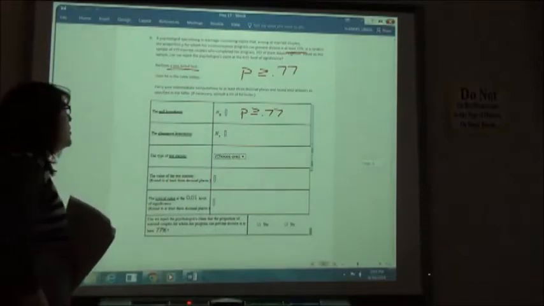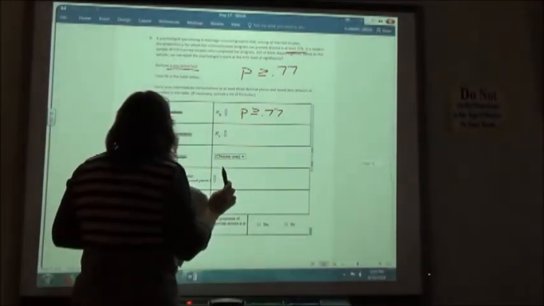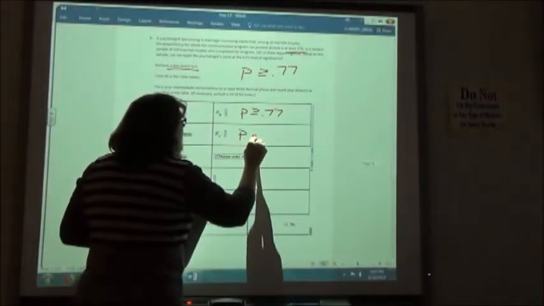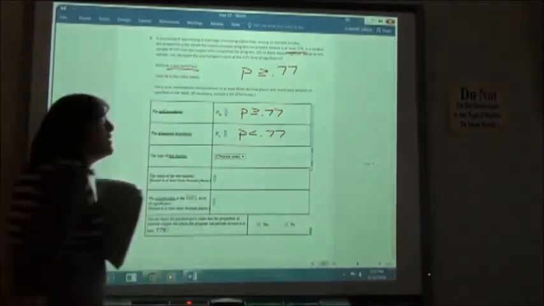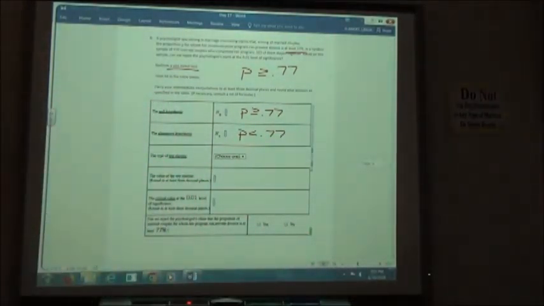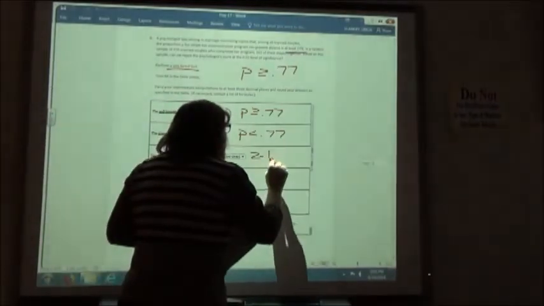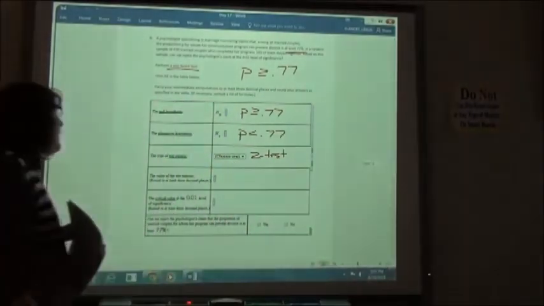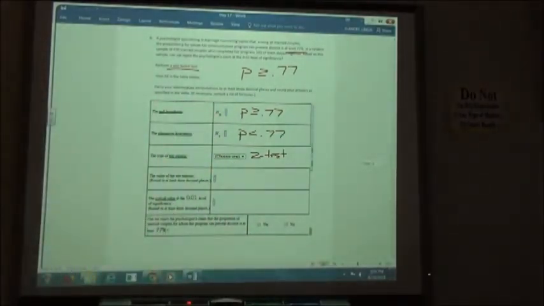The alternative, alternative one, is P is less than 0.77 then. Again, since we're doing a proportion, we're going to use the z-test when we do our test statistic. And then we got to use our formula.